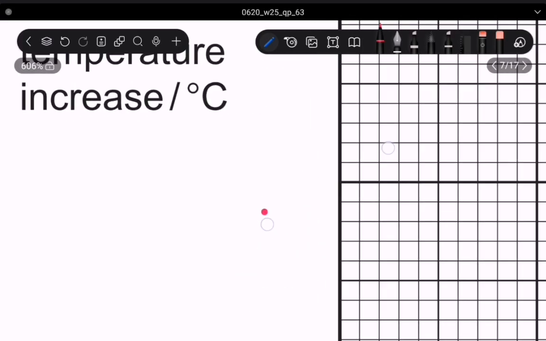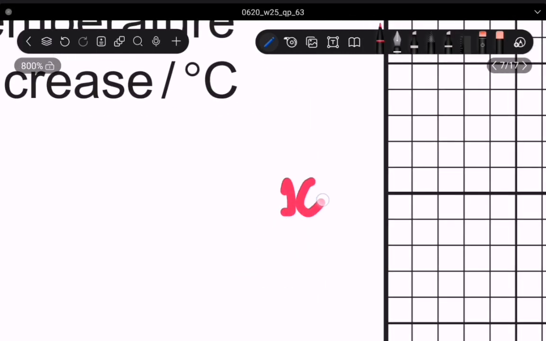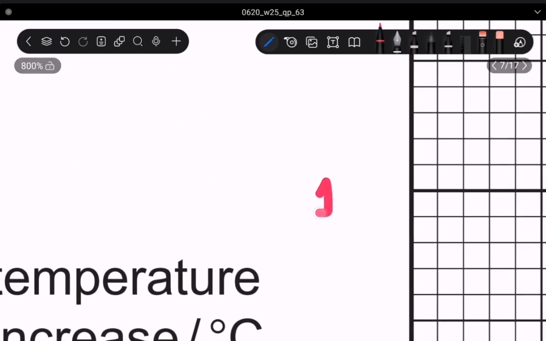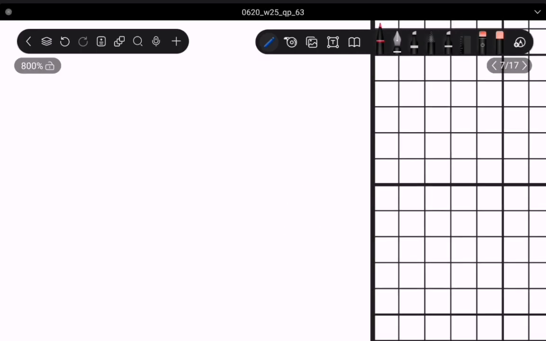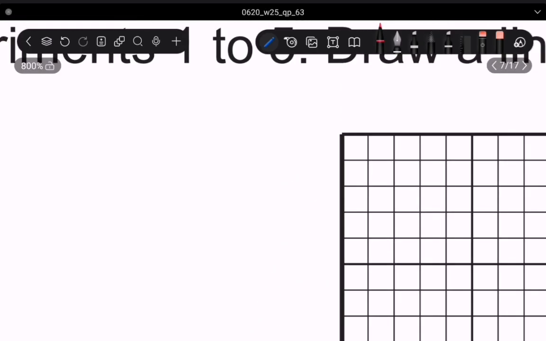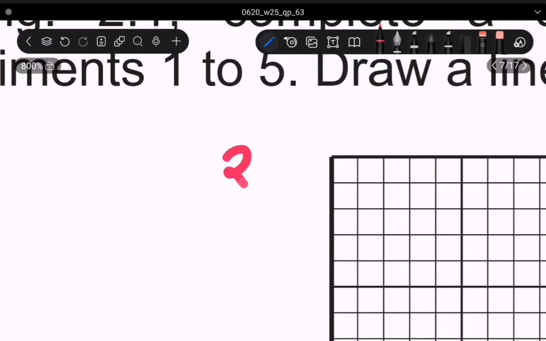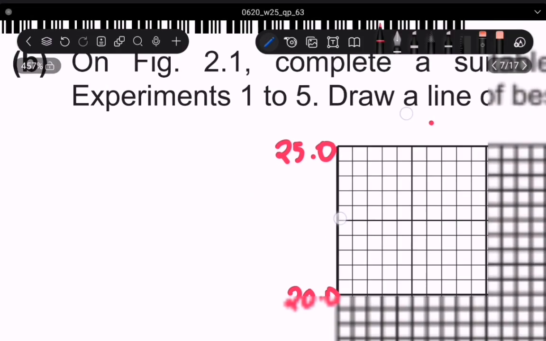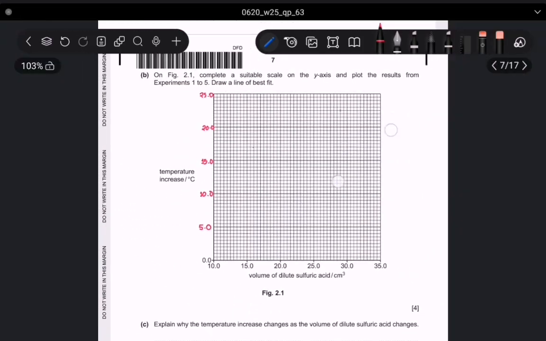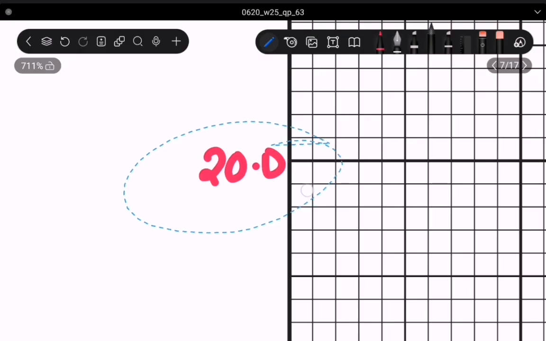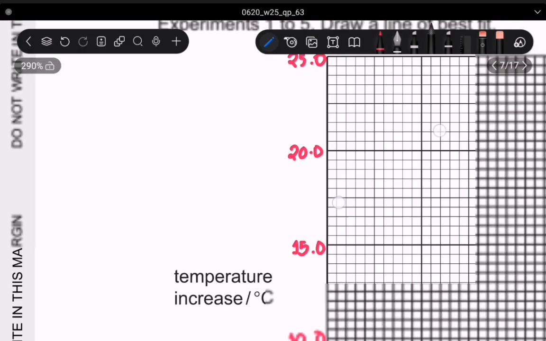All right, then 10.0, 15.0, and then 20.0, and then 25.0. I'm going up by 5 every single time. This is the scale I've chosen. You have to choose it in a sensible way.